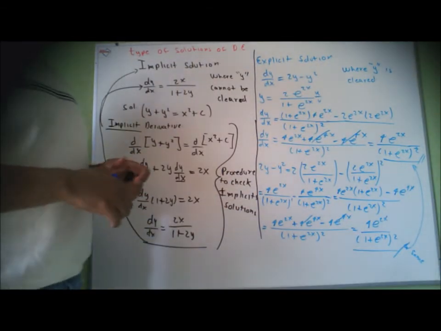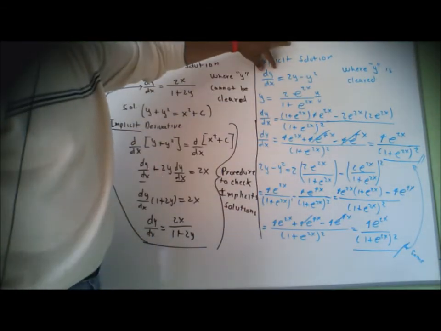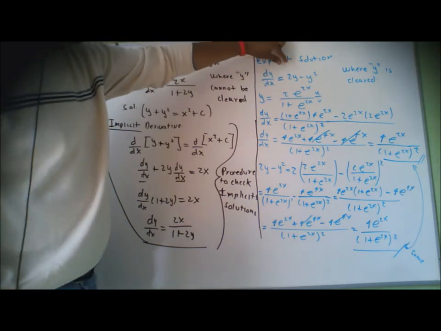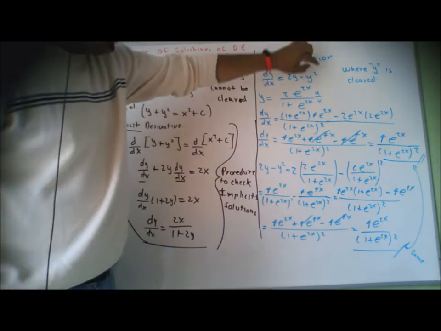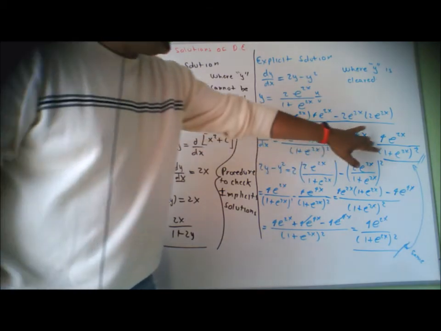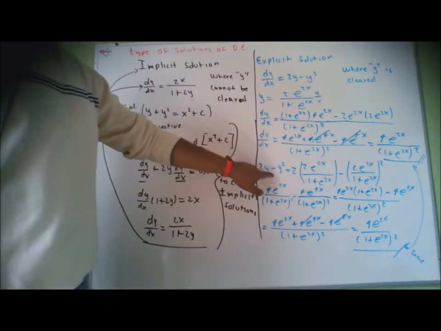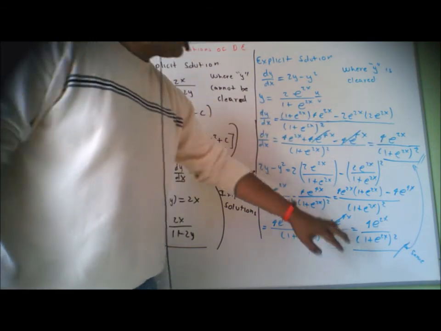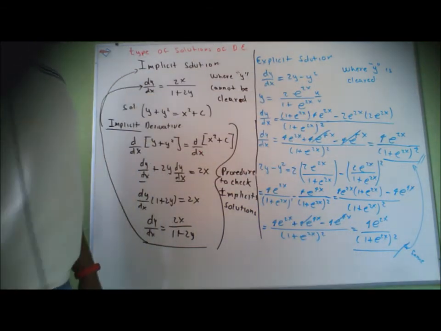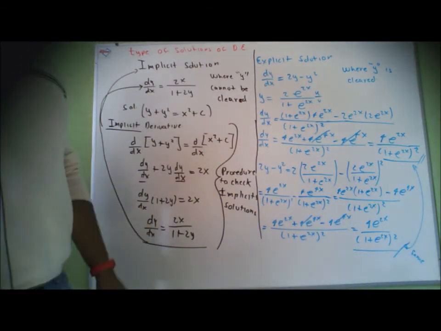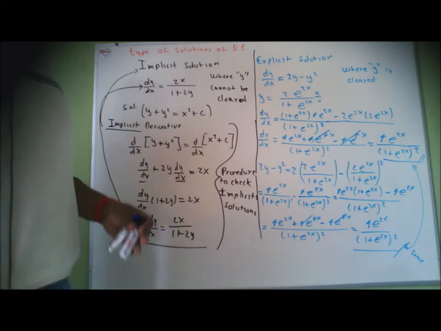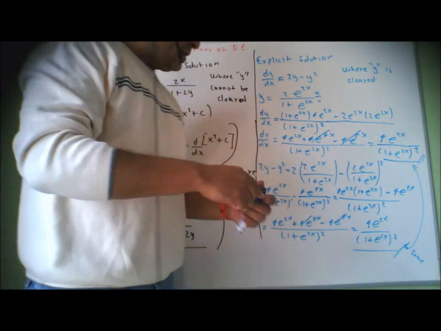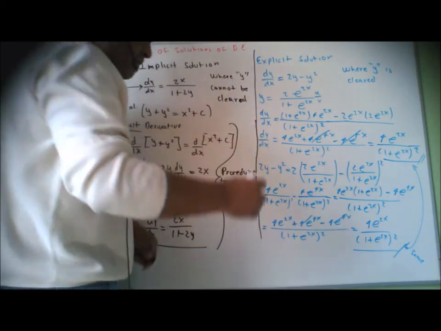Yes, because the derivative of y with respect to x is supposed to be equal to 2y minus y squared. So here the derivative of y with respect to x is this number, and the 2y minus y squared is equal to this, and they happen to be the same. So the differential equation is met, or it complies with the differential equation. Because you have these two equalities, then it is a solution.